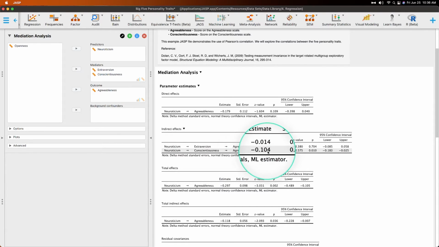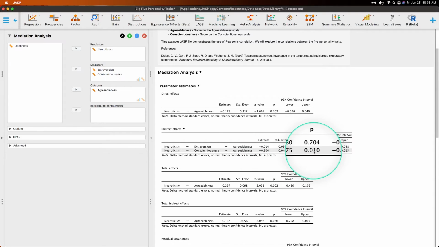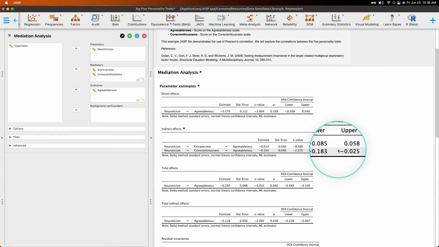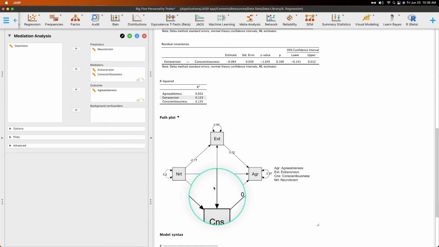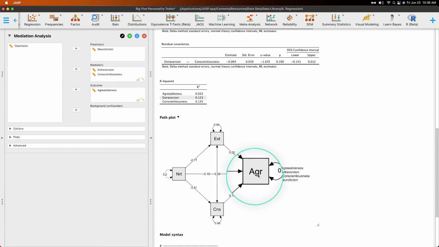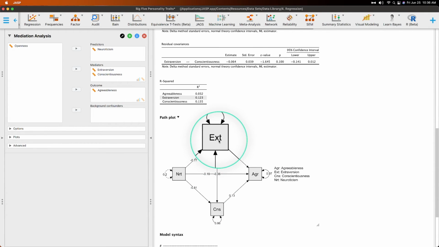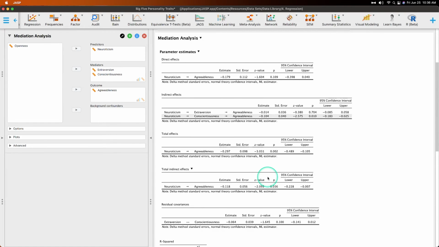Conscientiousness, on the other hand, is 0.104. And the p-value is 0.01, so less than a 0.05 value. And our confidence interval does not include 0. So that is a significant mediator.